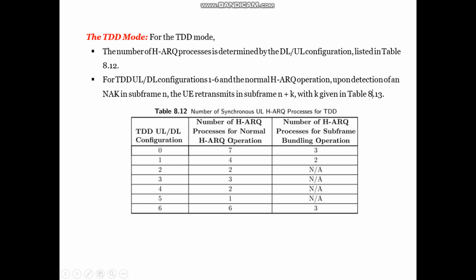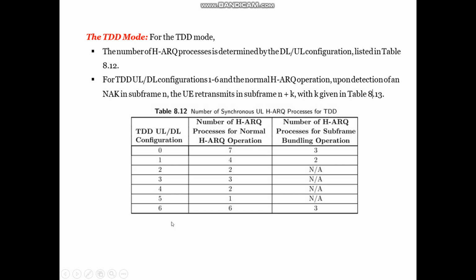In that, the number of HARQ processes for normal operation is 7 for the 0th configuration. For the first configuration it is 4, and the number of HARQ processes for subframe bundling operation is 3 and 2 for the first two, and it is not applicable up to the 5th configuration.